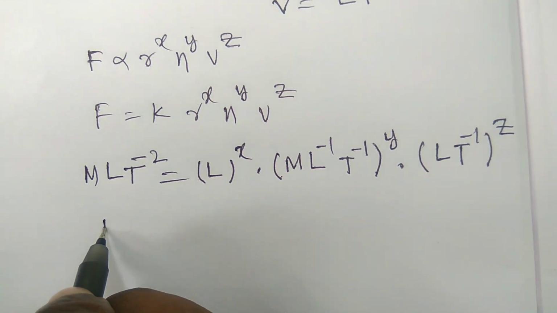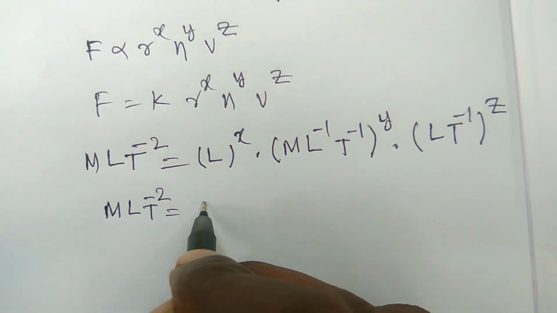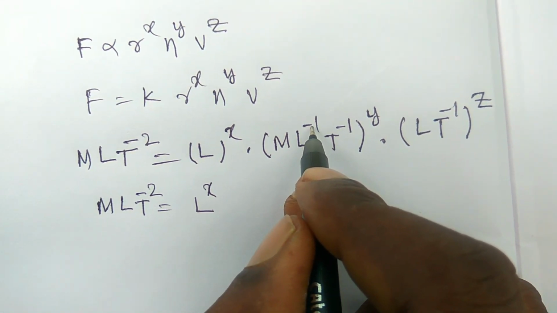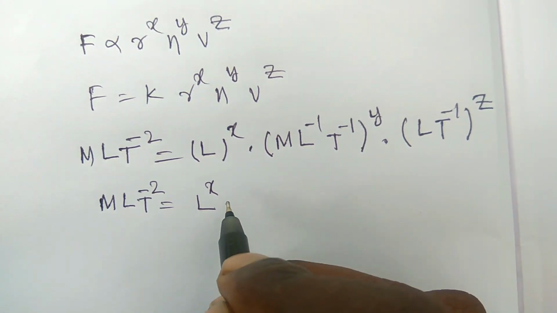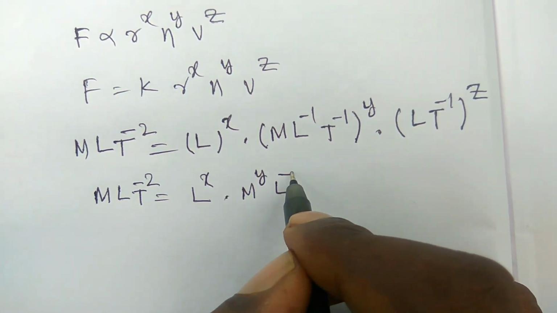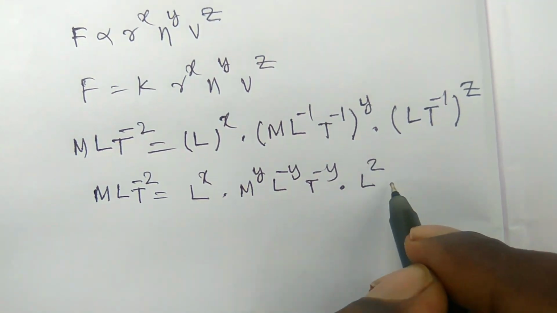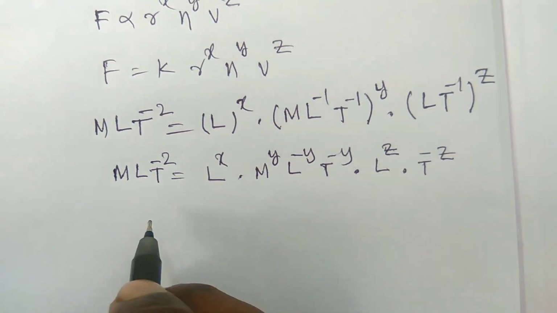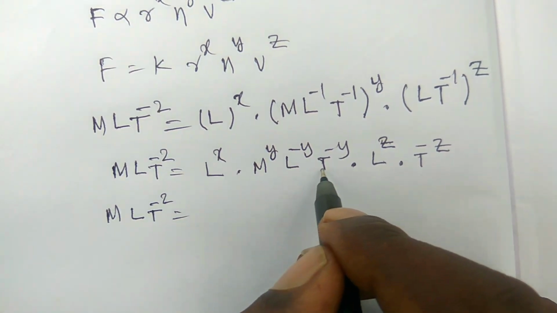So this is M power 1, we can write M L T minus 2, here it is L power x, L power minus y plus z. So here we can write M power y and L power minus y T power minus y into L power z into T power minus z. Okay, now we have to check M L T minus 2. So here they are all in multiplication.